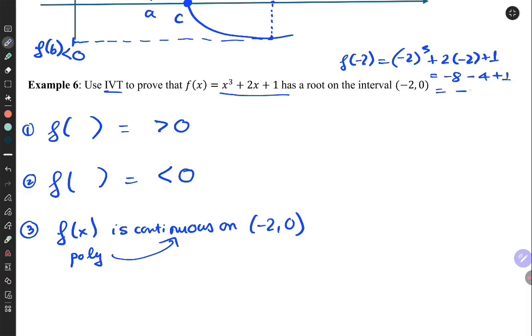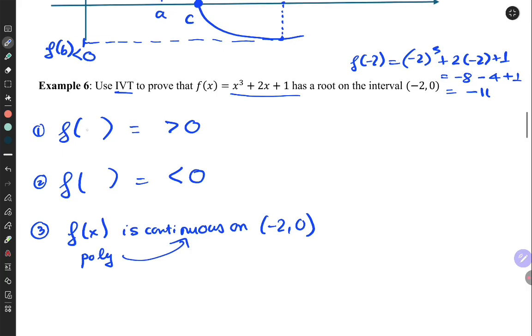Clearly less than 0. Negative 11. So f of -2 equals negative 11, which should be down here, less than 0. f of 0 is 1, right? So f of 0 equals 1.